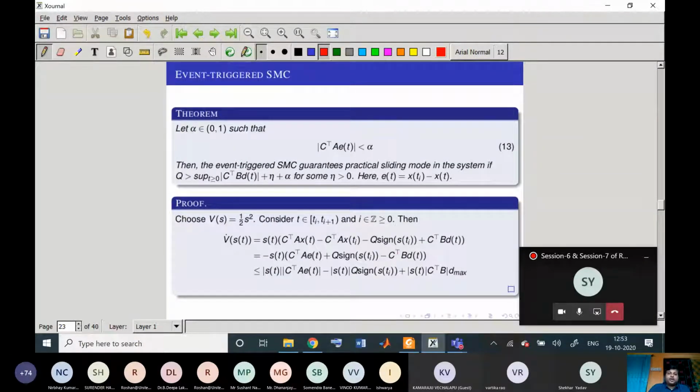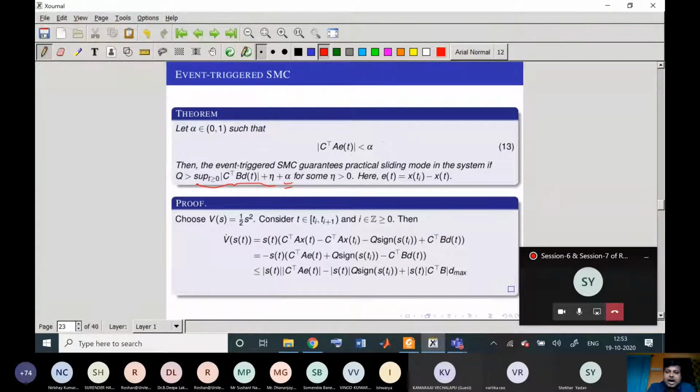Now this is the theorem guaranteeing the stability of the event triggered sliding motion. If we can guarantee that mod of C transpose AET is less than alpha, and we choose a control gain Q, now different because an alpha term is added, Q greater than this, then we can guarantee that the practical sliding motion is achieved.